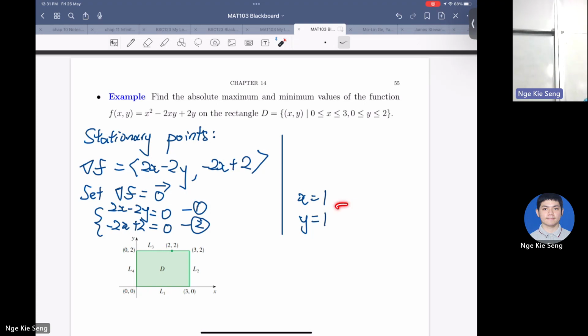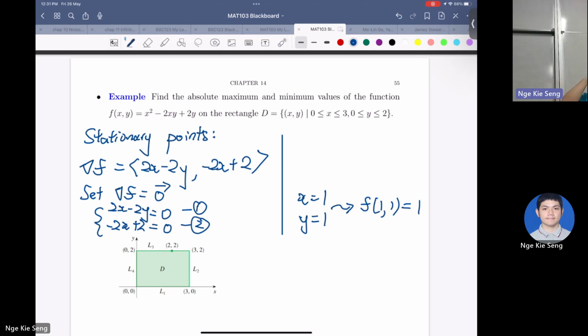We already identified the stationary point, so what's the value at this point? f(1,1) is just 1. Most probably, the stationary point you found is a local maximum. You can check it. It's a local maximum, if it is not absolute.